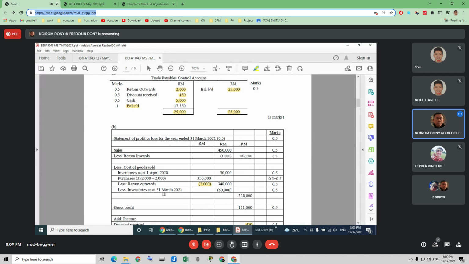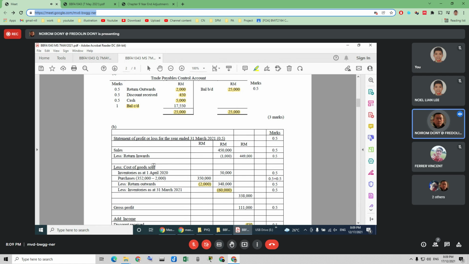And then we credit the statement profit or loss. So this is credit here. This is actually on the credit side if we prepare the statement profit or loss in a ledger form. But then we are presenting it in the statement form, and it is related with cost of goods sold.